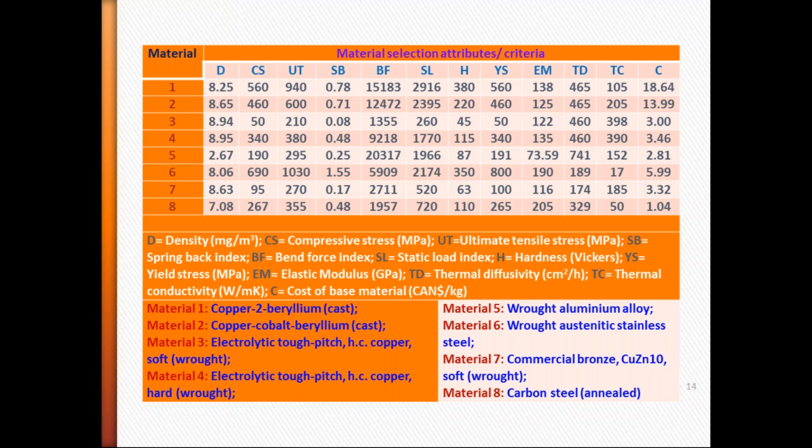Now to solve a multi-criteria decision making problem as an equivalent single criterion decision making problem, we have to aggregate multi-criteria values into an equivalent single index. Understand? Multi-criteria values we have to aggregate in such a manner that we arrive at an equivalent single index, just similar to a multi-objective optimization problem. In general, in a multi-objective optimization problem, several objectives are there.